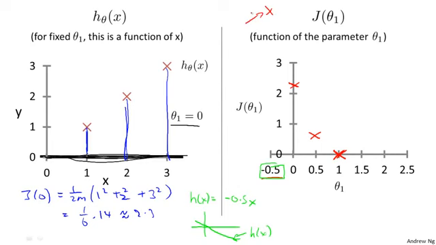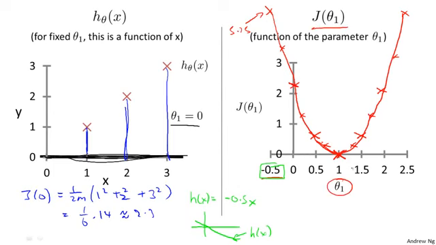It works out to be something like 5.25 and so on. And for different values of theta 1, you can compute these things, right? And by computing a range of values, you get something like that, and you can slowly trace out what this function, J of theta, looks like. And that's what J of theta is.